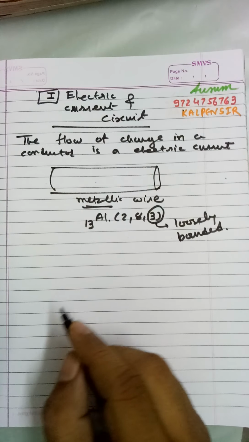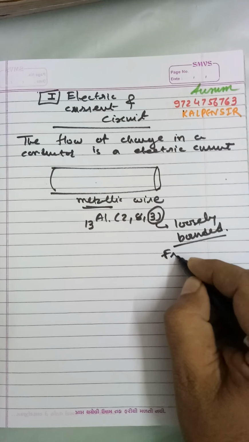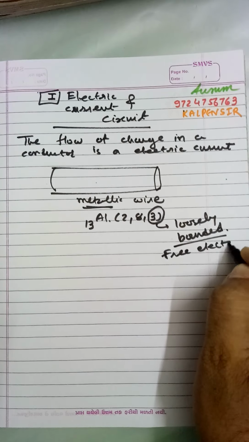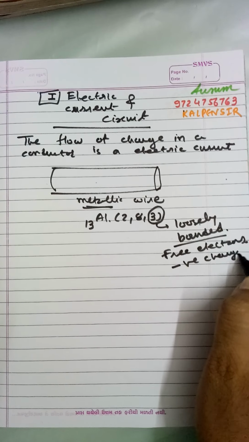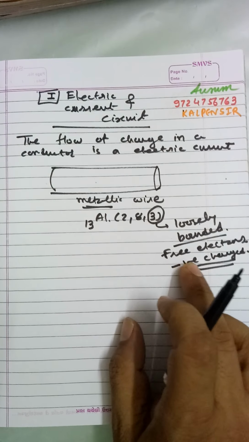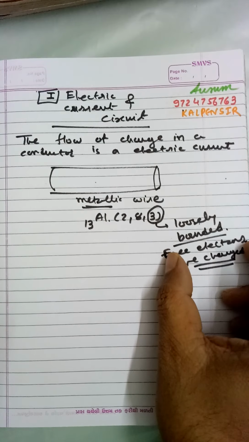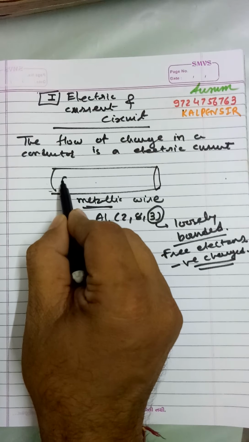These loosely bound electrons are considered free electrons, which are negatively charged. Free electrons in a metallic conductor are negatively charged. They move through the conductor, so they are charge carriers.